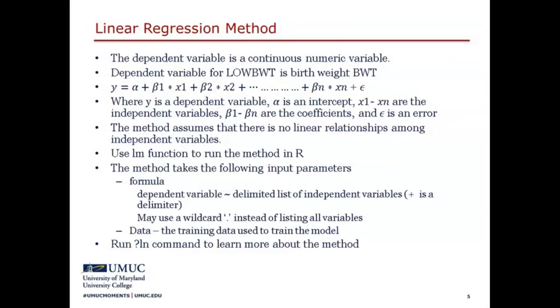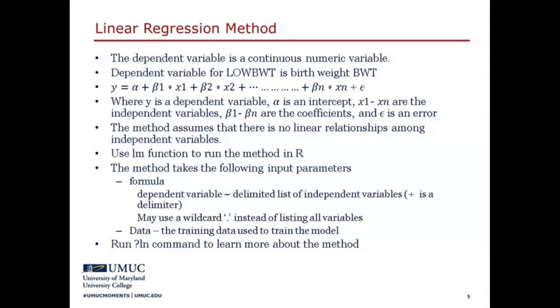You have alpha, which is an intercept. That's basically what happens when all of these coefficients are 0. x1 through xn are our independent variables, also called predictors, and each variable has a coefficient next to it, and epsilon is an error.